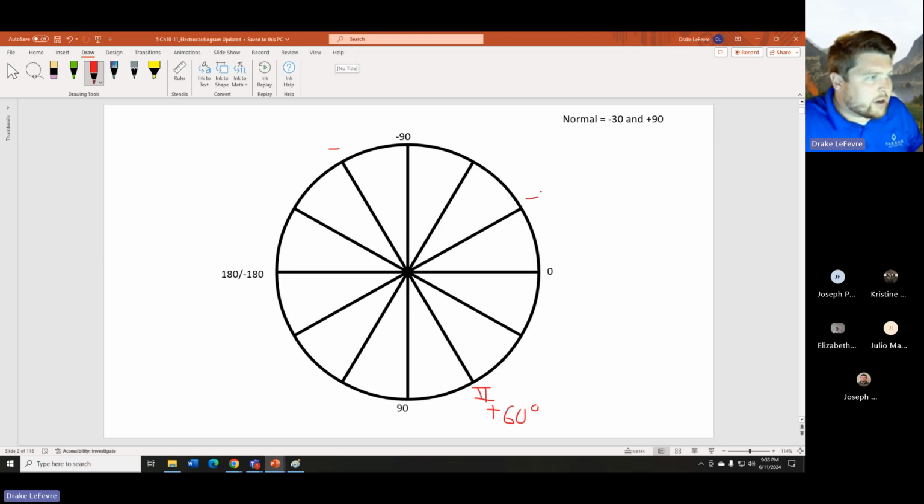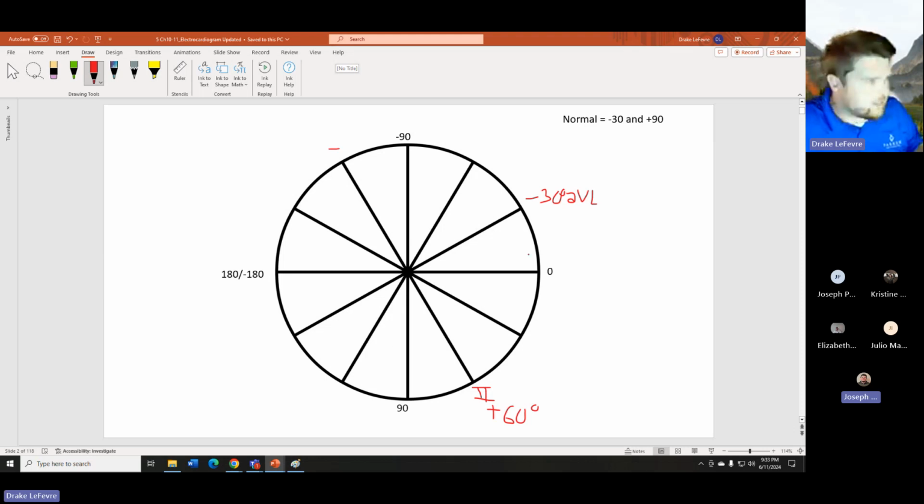At negative 30 degrees, we have AVL. AVL, this is, I'm not sure which way. I'll come back to that.